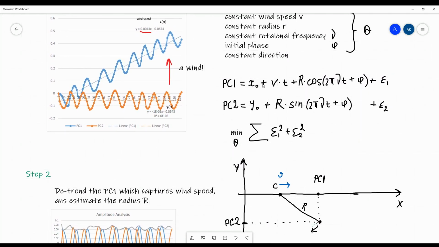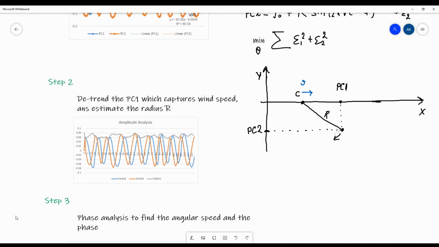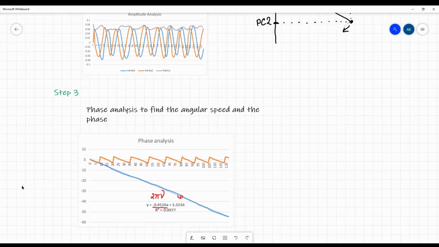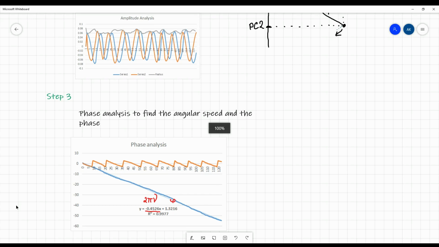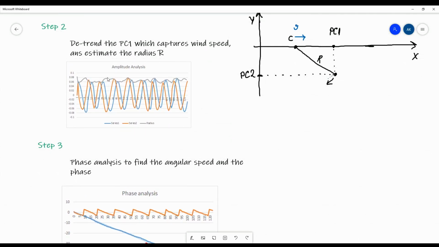So if you look at this equation, we already know x0, v, radius, y0, and what's not known is the frequency of rotation and the phase. Those are not known, and those we can find how? Through phase analysis, right? So when we found the radius here, all we did was the following.